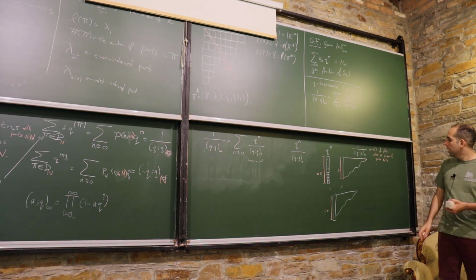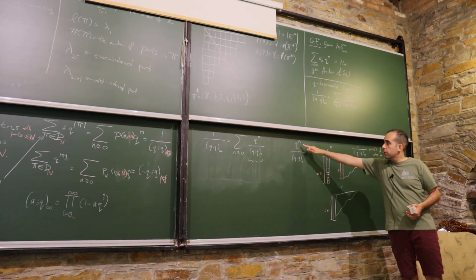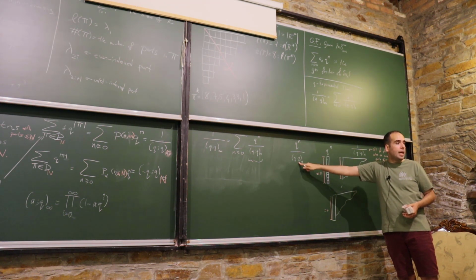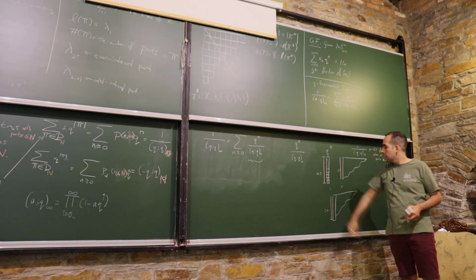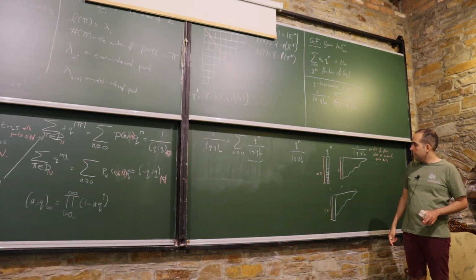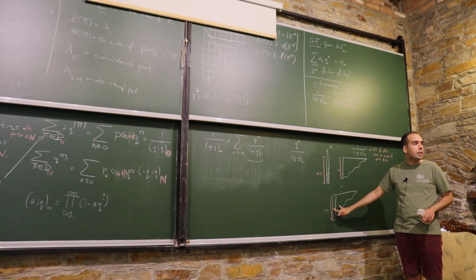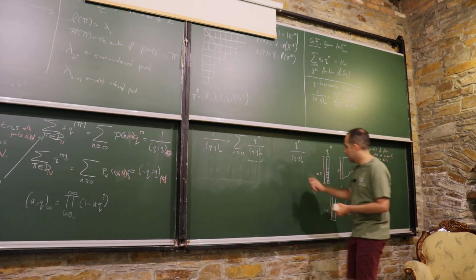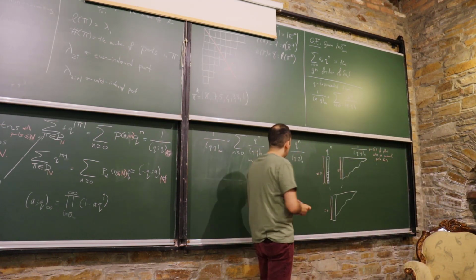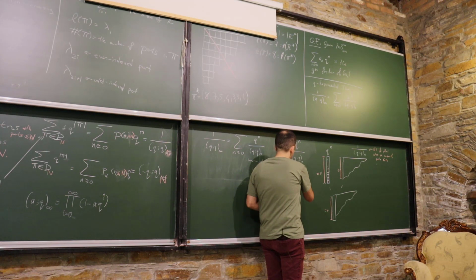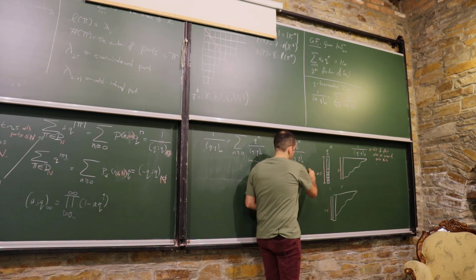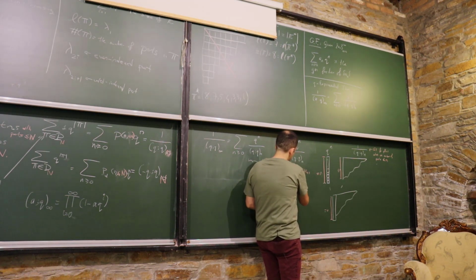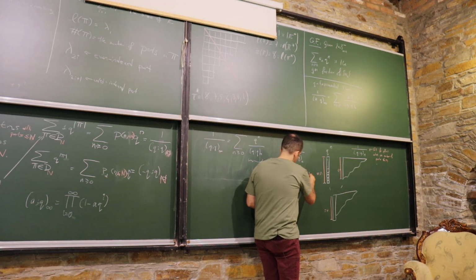So what did we learn? We learned that this product q^n divided by (q;q)_n is giving me partitions into exactly n parts. So this sum alone is the generating function for partitions into exactly n parts.